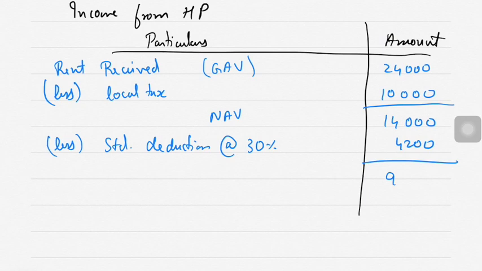It comes to 4,200, correct? So 9,800 is your income from house property.